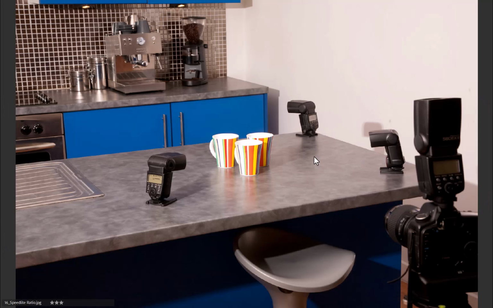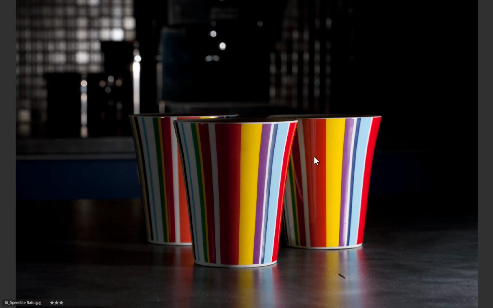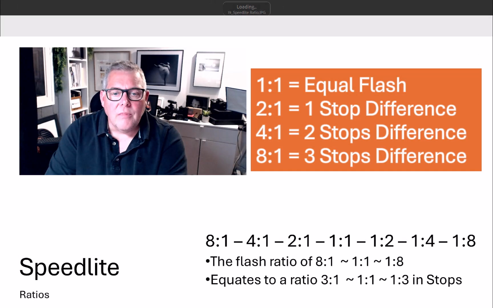Because I'm using the cups on a countertop here just as an example to show you dominant here in ratio in an 8:0, in fact, so the right hand flash doesn't go off at all. Then we've put all the lighting onto the right hand side in perhaps a 4:1 ratio, but this would be set on flash as a 1:4 with more power on the right hand side.